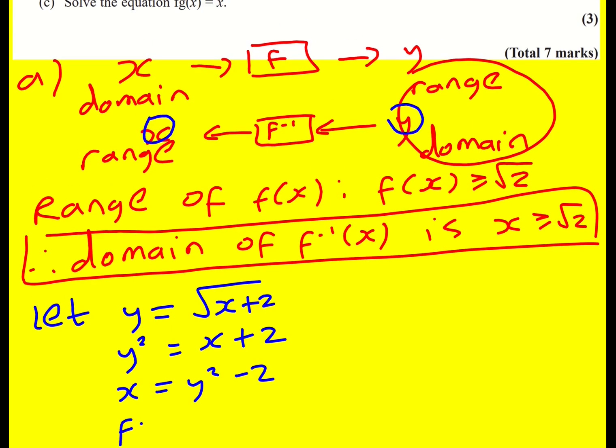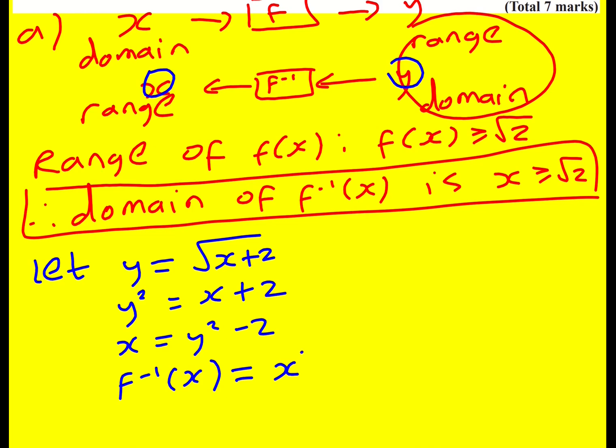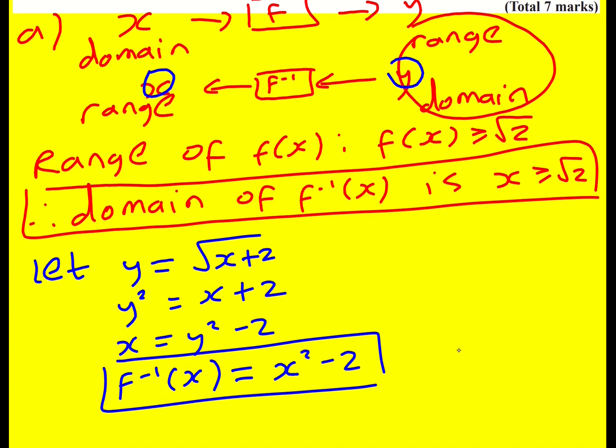However, for the inverse function, we always put x in, so we just replace that y by an x. So the inverse function itself is x squared minus 2. I should probably just say that x is any real number as well. It's kind of implied at this point, but I want it there.